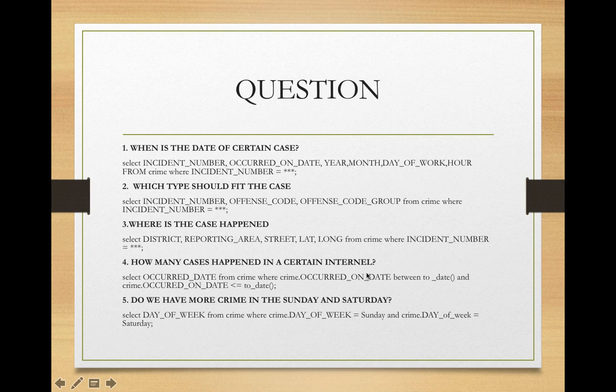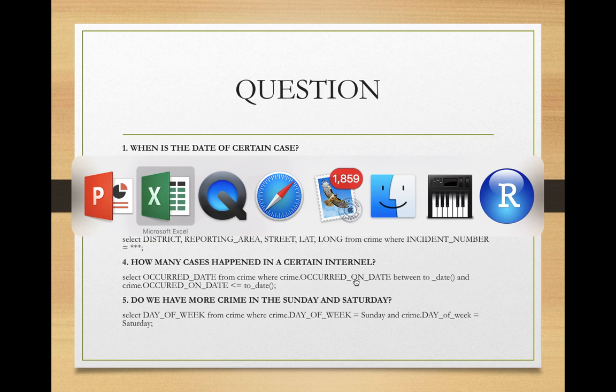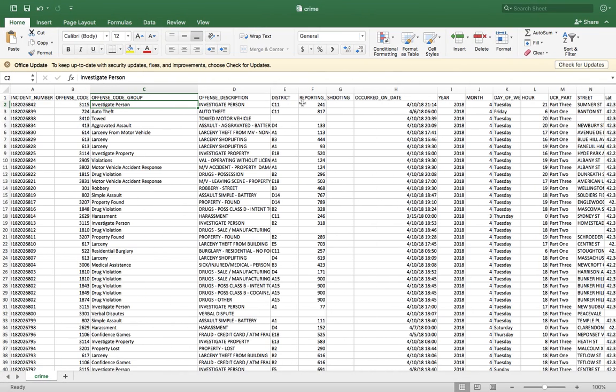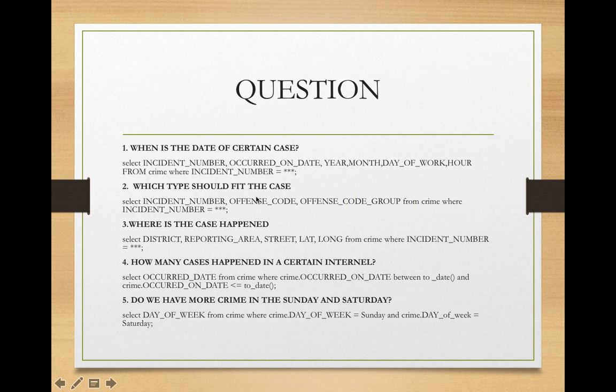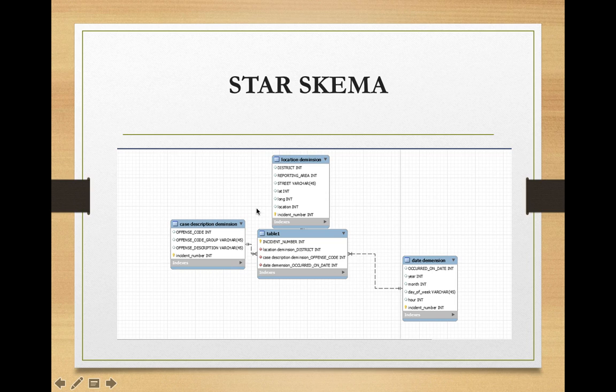Or we can also add a condition like where district equals C11, so we can get all the crimes that happened from 8 a.m. to 10 a.m. in district C11.